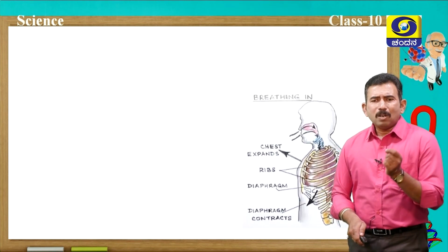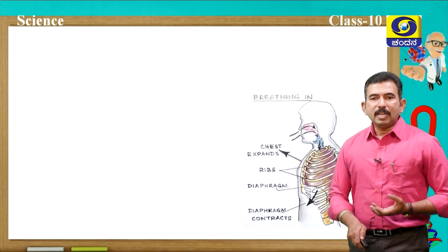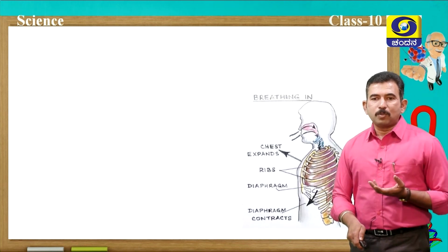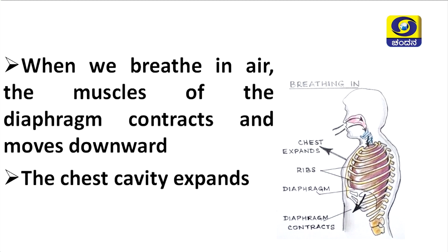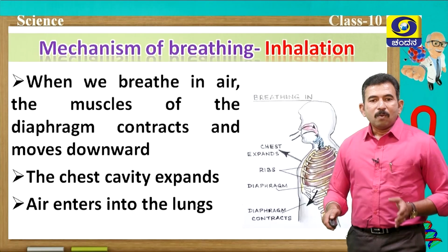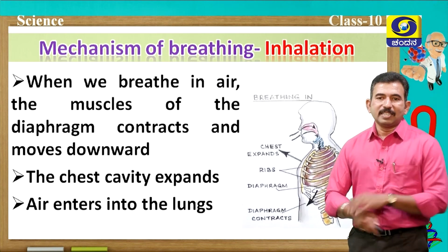Now, a small activity, just you all inhale the air. What you are going to observe? When we breathe in air, the muscles of the diaphragm contract and move downward. The chest cavity expands. Of course, when the air enters into the lungs, volume of the lungs also increases.